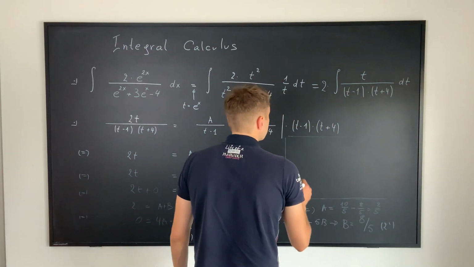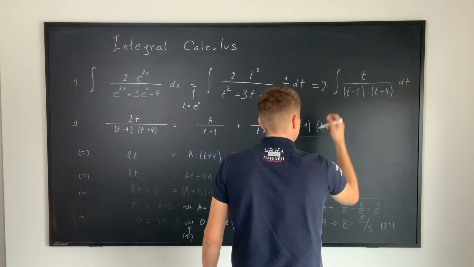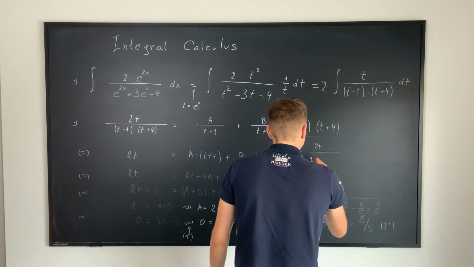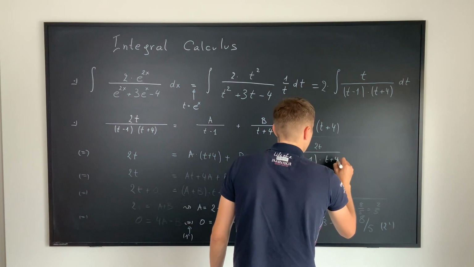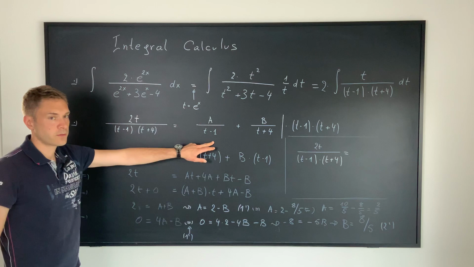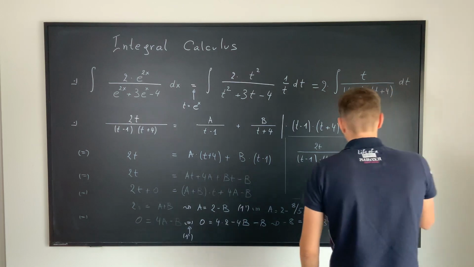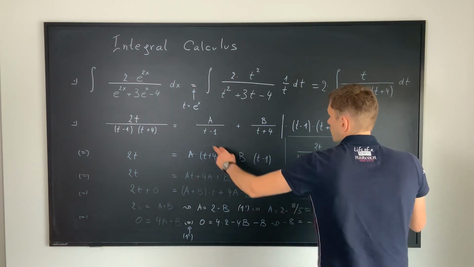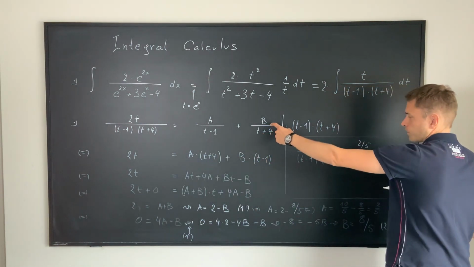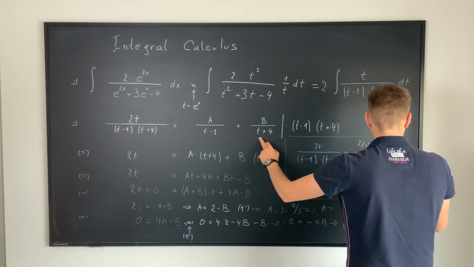The expression that we were interested in at the beginning, 2t over t minus 1 times t plus 4, is, using the method of partial fraction expansion, equal to the expression for a, which was 2/5, so 2/5 over t minus 1, plus the expression for b, which was 8/5 over t plus 4.